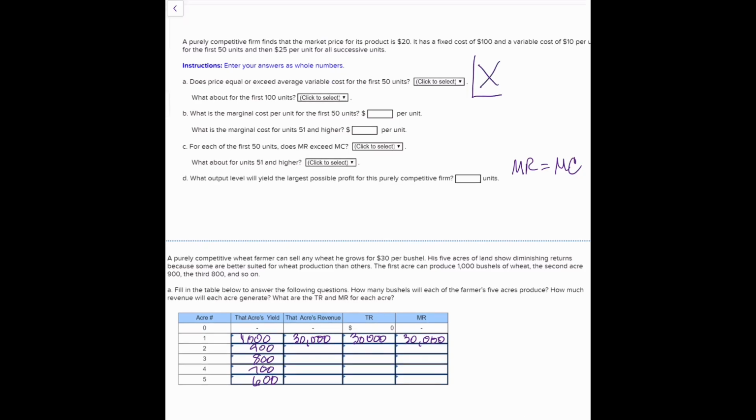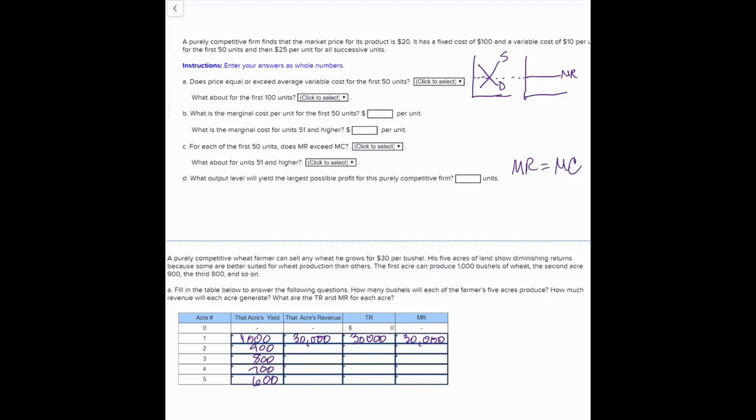So if the market looks like our competitive markets that we've been evaluating so far, where the market price is determined by the interaction of supply and demand, then the firm, if we put it next to it, takes that price, and their marginal revenue curve becomes the market price. So they are price takers. That'll help us as we evaluate this.